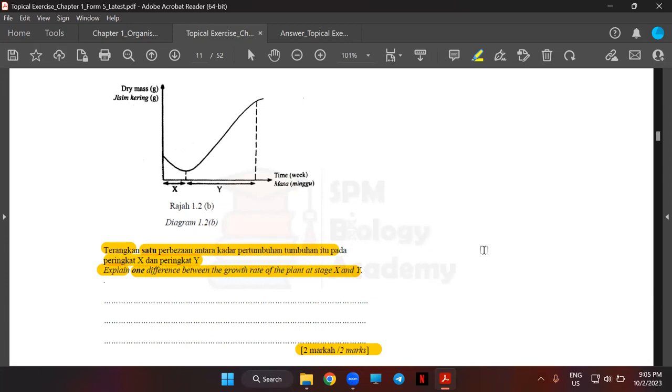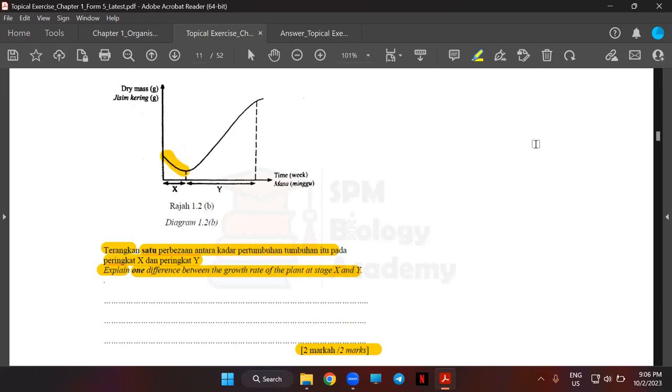apa yang kita kena jawab dulu ialah kita kena bagi difference dia dulu. We need to write perbezaannya dulu. Lepas tu baru explain untuk markah kedua. So one difference between the growth rate of the plant at stage X and Y. Satu perbezaan antara kadar pertumbuhan tumbuhan itu pada peringkat X dan peringkat Y. Seperti mana yang kita belajar pada hari itu, X menunjukkan grafnya menurun.